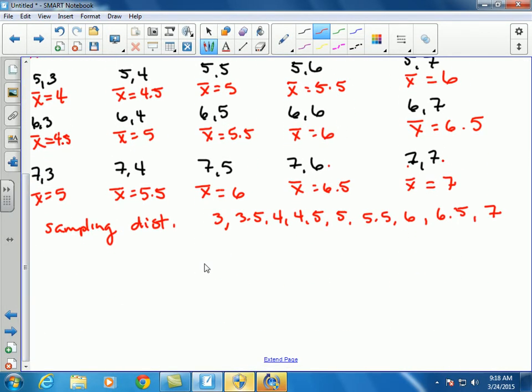And the sampling distribution also has a formula that goes with it, where this is my x bar value, and this is the probability of x bar happening.